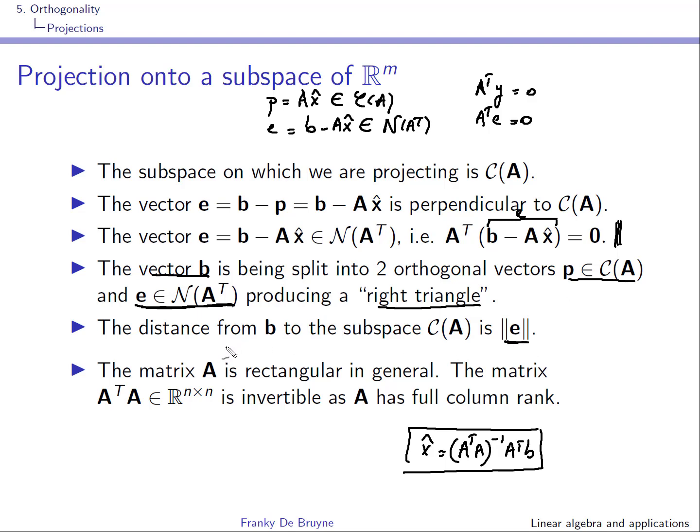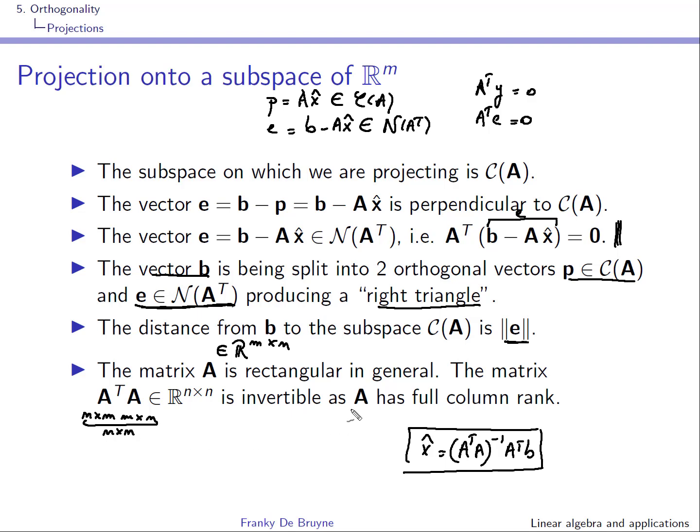So remember that A in general is a rectangular matrix. It has m rows and n columns. So this product over here, A transpose A, is such that you have an n by m matrix times an m by n matrix. So it must be a square n by n matrix.